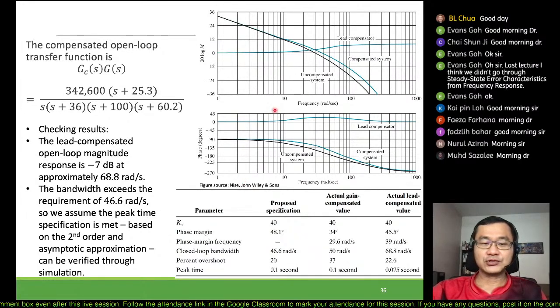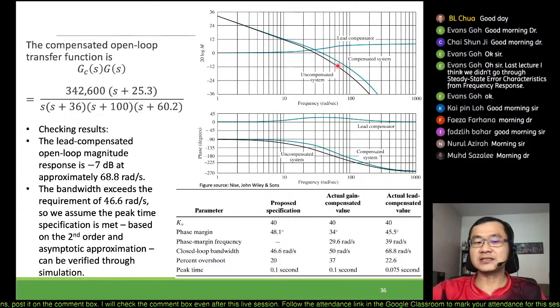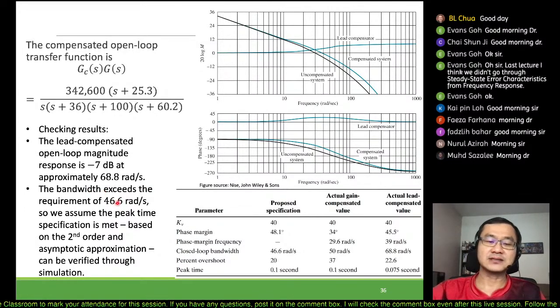And from this also we notice that the open loop magnitude response is about -7, okay, at the frequency about 68.8, okay. So meaning to say, in other words, it means that the bandwidth actually exceed the requirement of 46.6, right? So this is 68.8, okay, which is higher, right, than the required 46.6 radian per second.